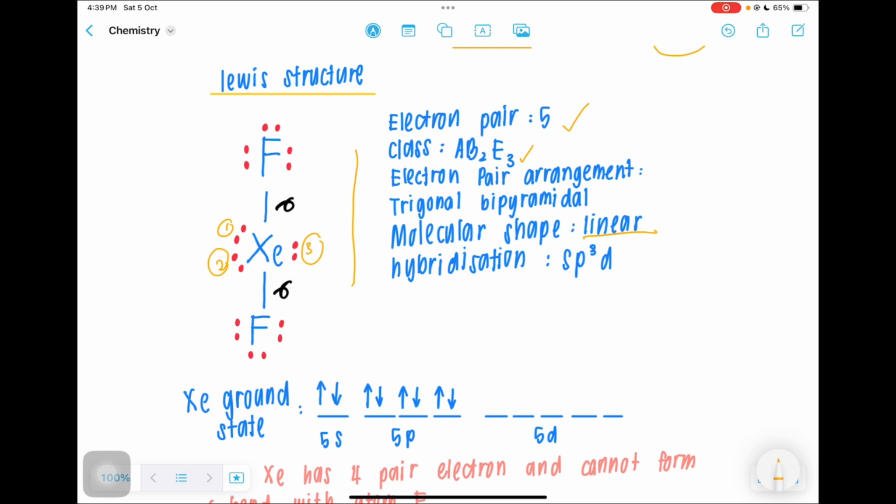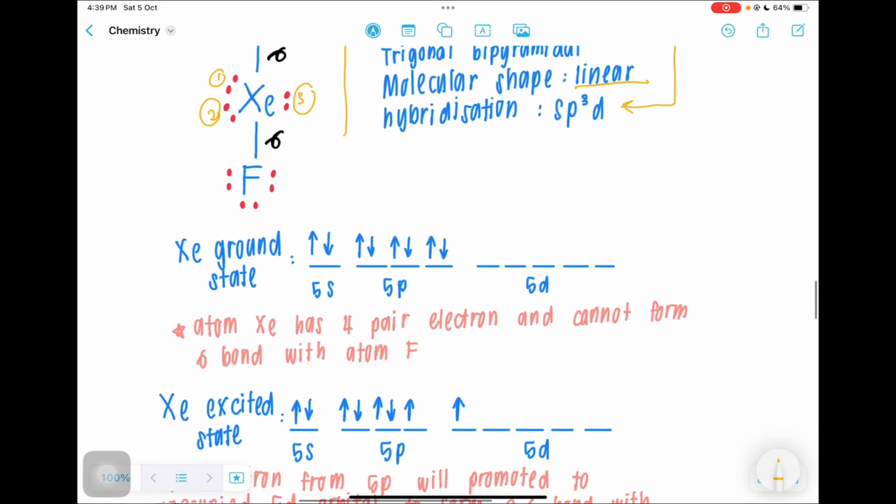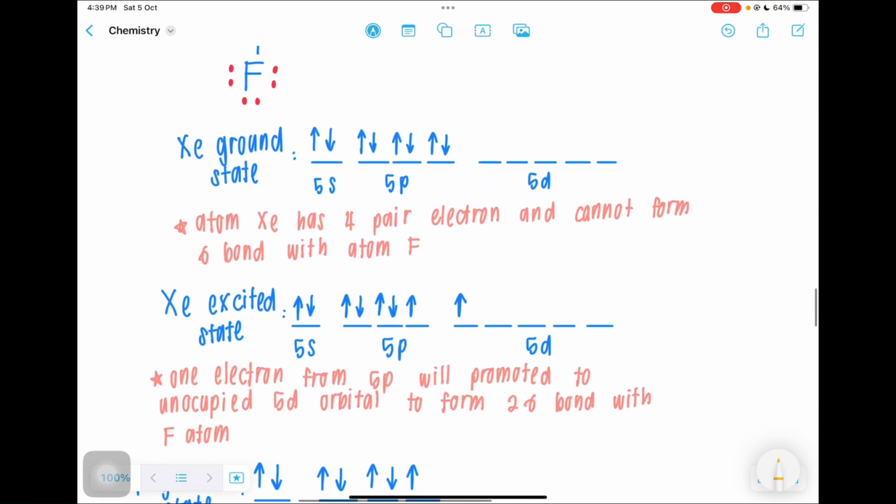Why sp3d? Because the class is AB2E3, and we can also know it based on the electron pair. Then we do the hybridization for the central atom, which is xenon. For the ground state, we just show the valence electrons.